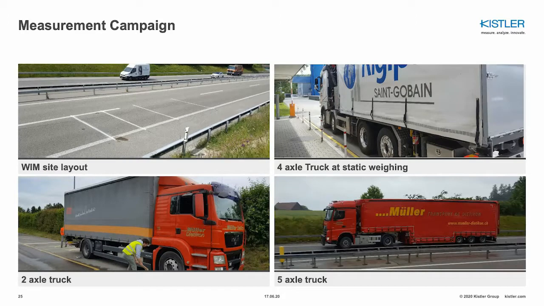On top right we see a 4-axle truck, shown here at the moment of the static weighing for reference weight capturing. On the bottom left, a 2-axle truck, which was used here in preparation with one of my colleagues. And on the bottom right, the 5-axle trucks, which we used for the test runs. I'm sure you're now very curious to see how the WIM system performs under these conditions.